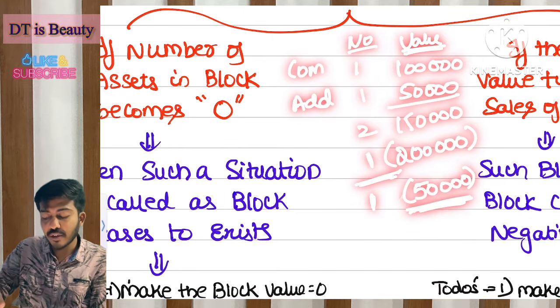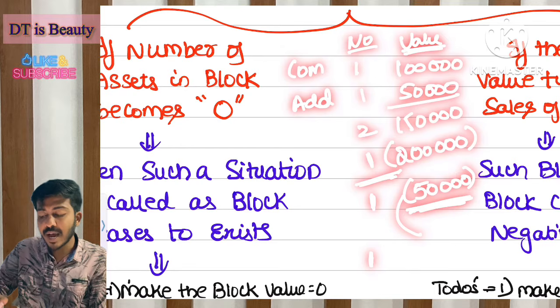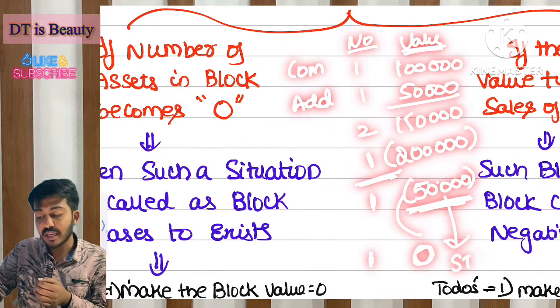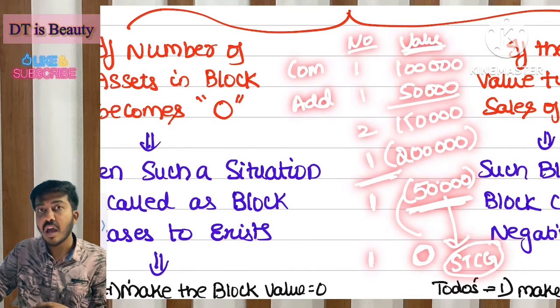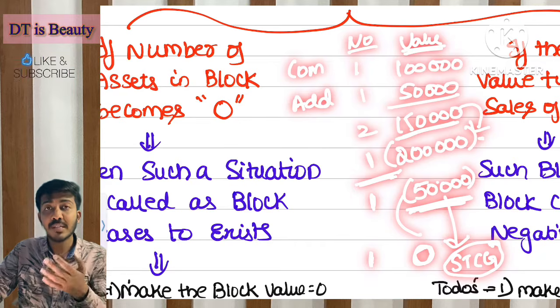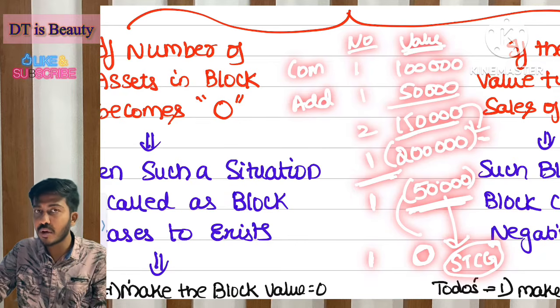In such scenarios, you should write the balance one asset value as 0 forcefully. Then what happens to this negative 50,000, sir? It is nothing but short-term capital gain. How do you tell it is a gain? A 1,50,000 worth asset, they are selling it for 2 lakhs, which means you are selling it at a 50,000 profit, yes or no? Therefore, it is short-term capital gain.